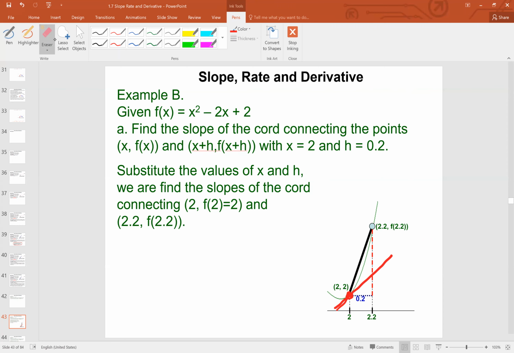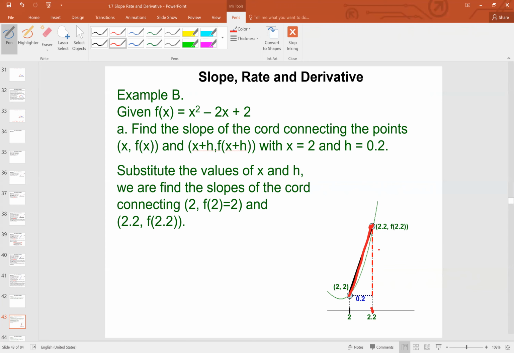So what I do is go to a point that's close to x. We go to 2.2, its neighbor, and see where that point on the curve is. We connect the line and calculate the slope of the chord to approximate the tangent.